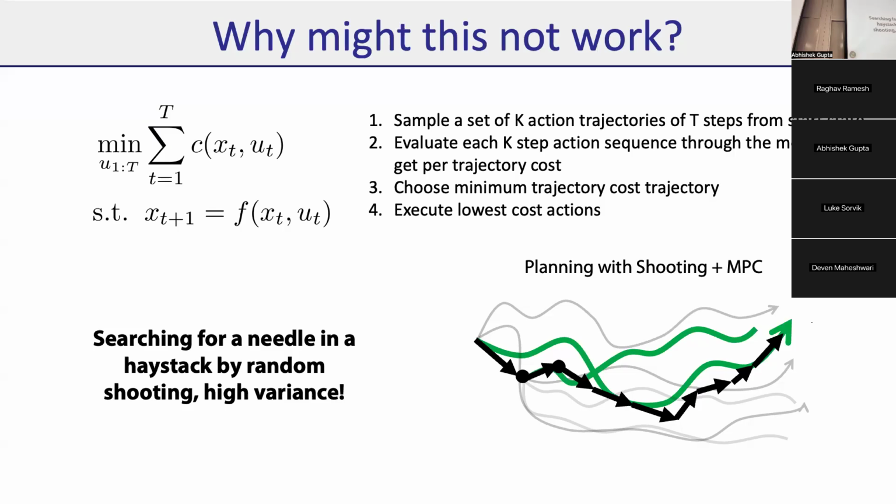So let's think of what are ways we can make this a bit better. If you know the cost function, instead of just trying everything, maybe you know that you have to get to the point where the lowest cost would be. That's an interesting idea.